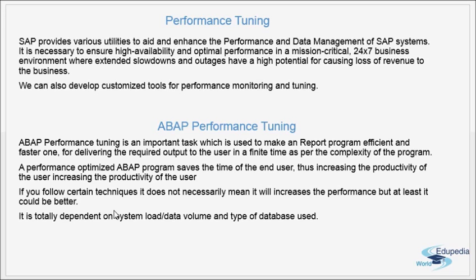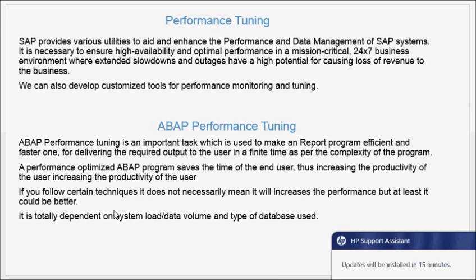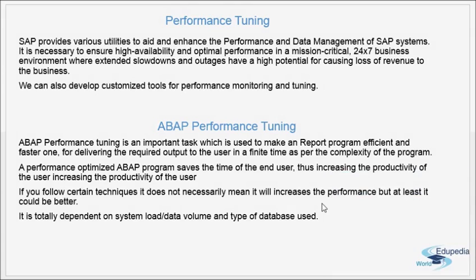In ABAP, we have reports, transactions and programs that we have to tune, because we want the response time when we run a report to be very low. That is our aim. So that's why we have to tune our programs.